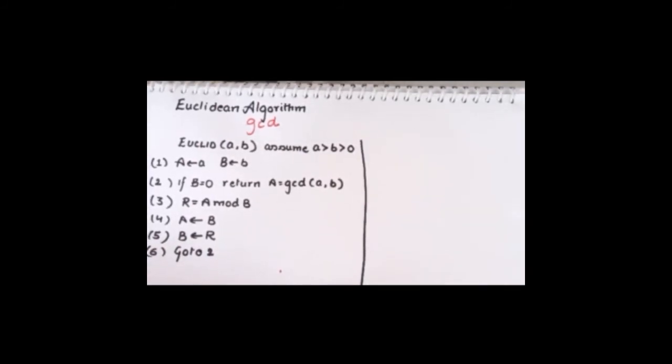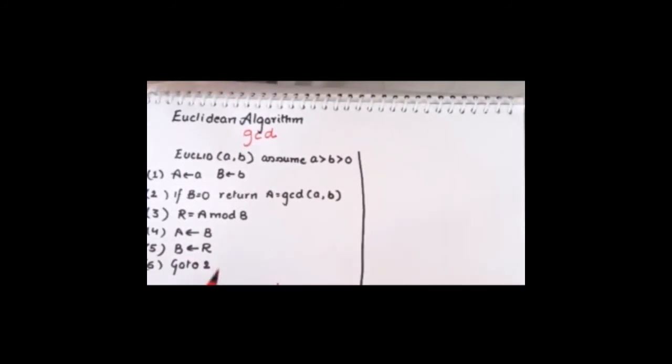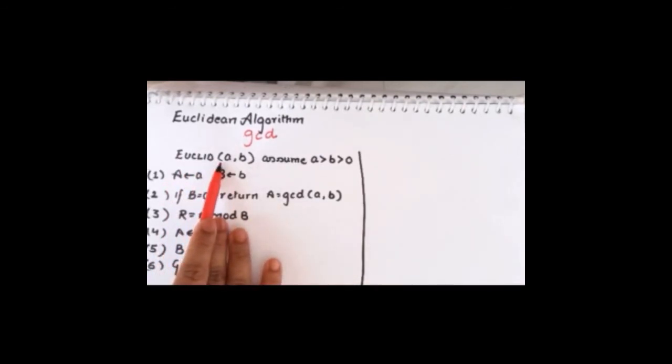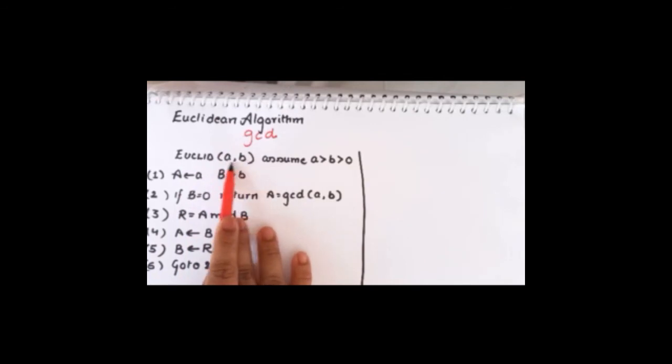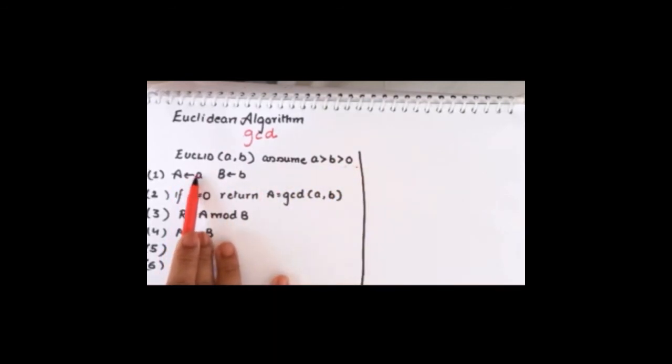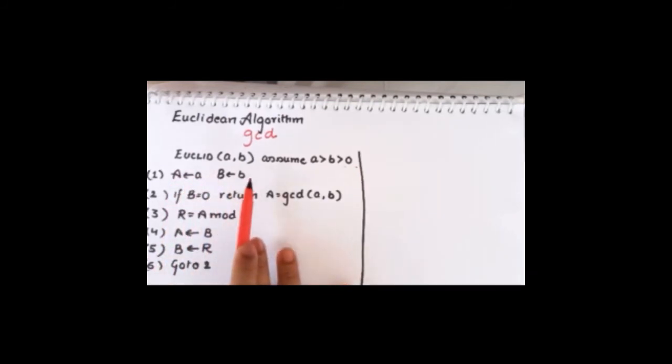So see what I've written here. I have named the algorithm Euclid's algorithm, and I have taken two numbers, which are supposed to be positive numbers, a and b. Both a and b should be greater than 0. Then I've taken the value of a and put it into capital A, and the value of b and put it into capital B. And I am running a loop here.